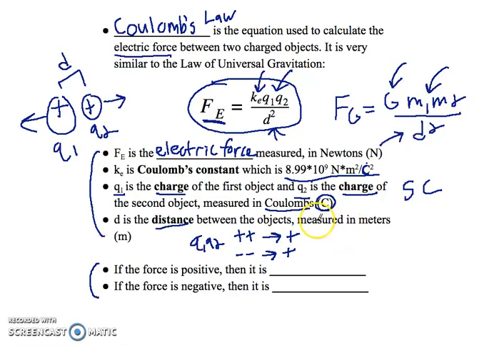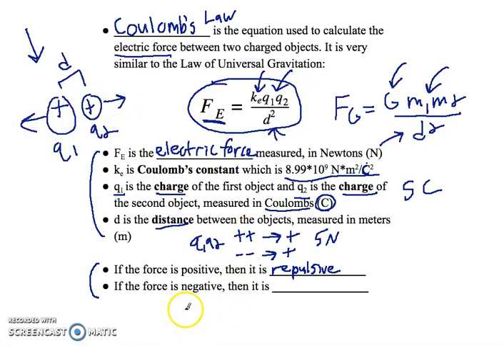So if you have like charges, you get a positive force out, maybe positive 5 newtons. If you get a positive force at the end, then you're looking at a repulsive force, a force that pushes the charges apart. If you had two positive charges, this would be a repulsive force. Same thing with two negative charges.